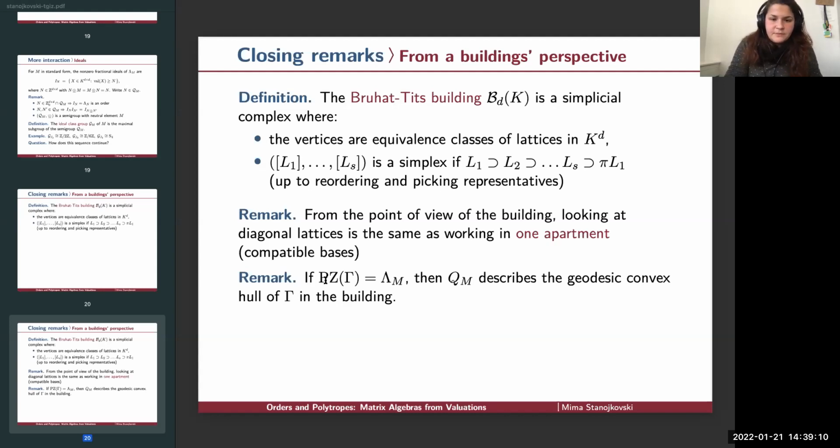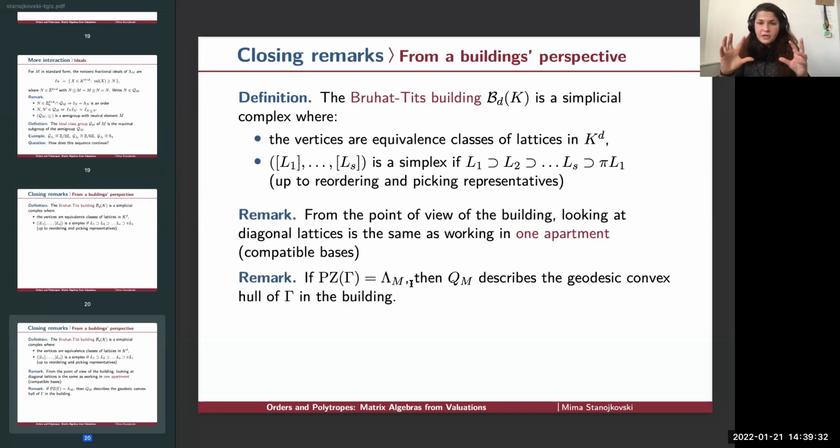And in terms of the building, what we do is that when we look at these Pleskin-Sassenhaus strings and we get these graduated orders, well, the polytrope, which describes the stable lattices, can also be seen as the geodesic convex hull of the defining lattices.